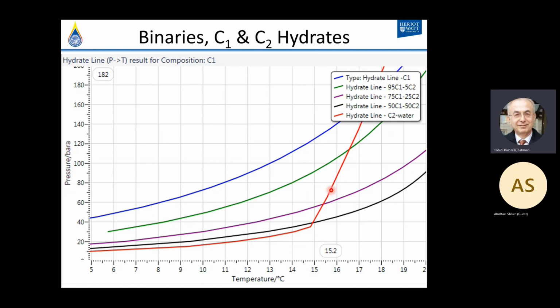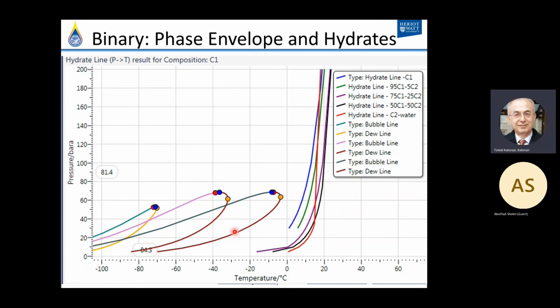For this, we need to find out the phase envelope of C1 and C2 with different concentrations, and this is shown here.